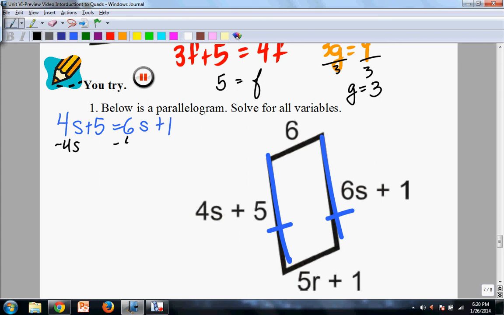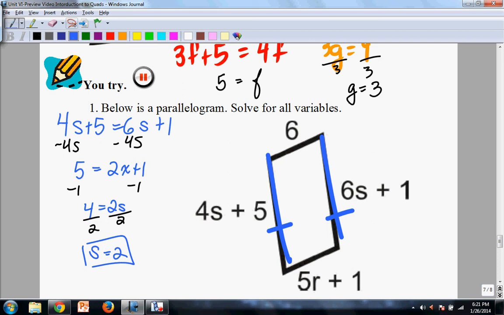We can minus 4s each side. We have 5 equals 2s plus 1, minus 1. And we have 2s equals 4, divide by 2. And of course the variable s equals 2. That's the first one.